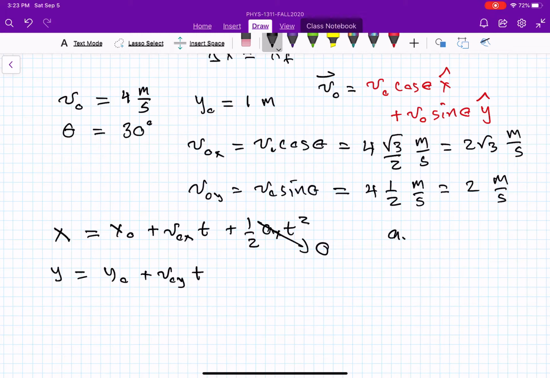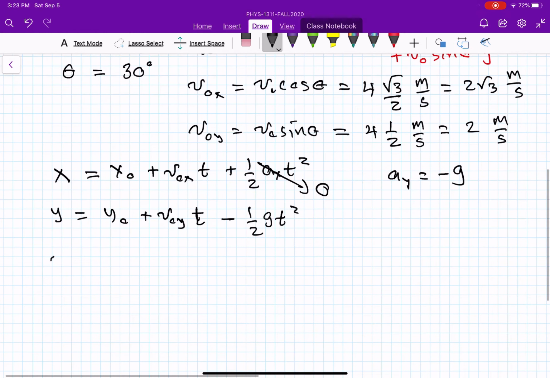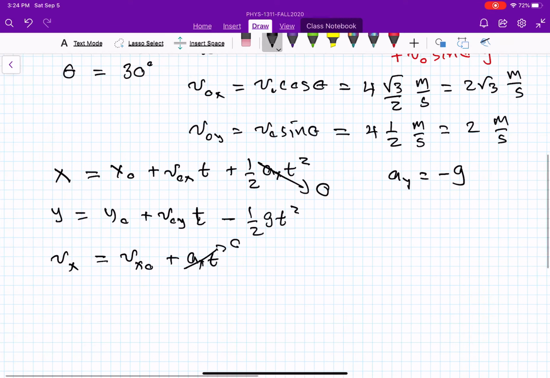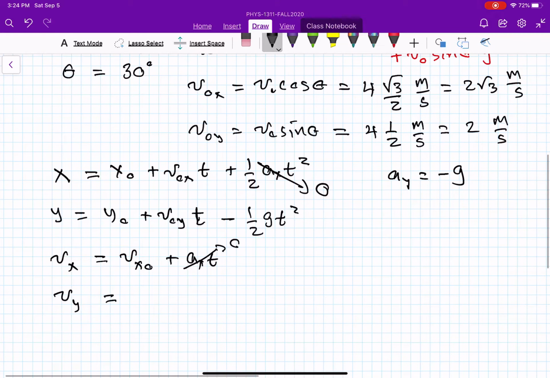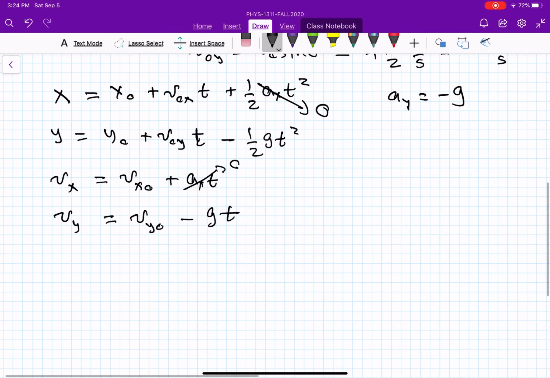And I know ay is equal to minus g. So I'm going to plug that in. So I have a minus 1/2 g t squared. And I also know v sub x is equal to v sub x0 plus a sub x t. But again, a sub x is 0, so that term is gone. This is just saying that v sub x doesn't change in the horizontal direction. It's always equal to its initial value. And I know v sub y is equal to v y0 minus g t. Okay, great.